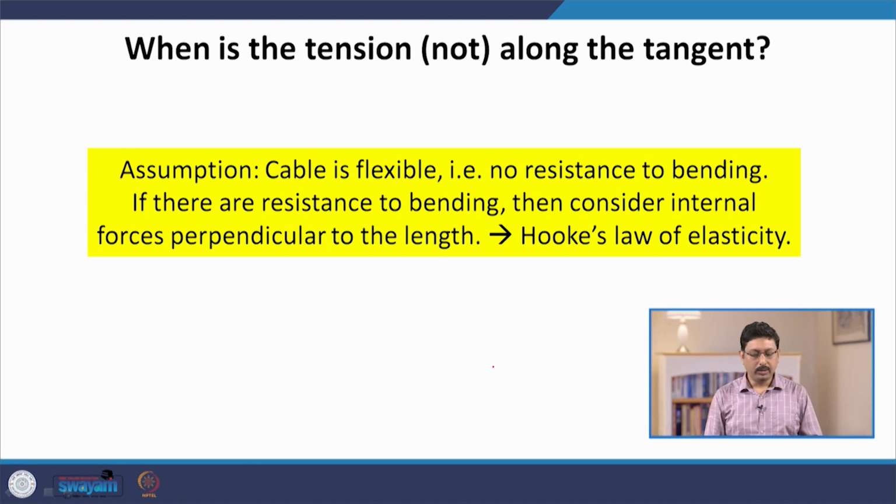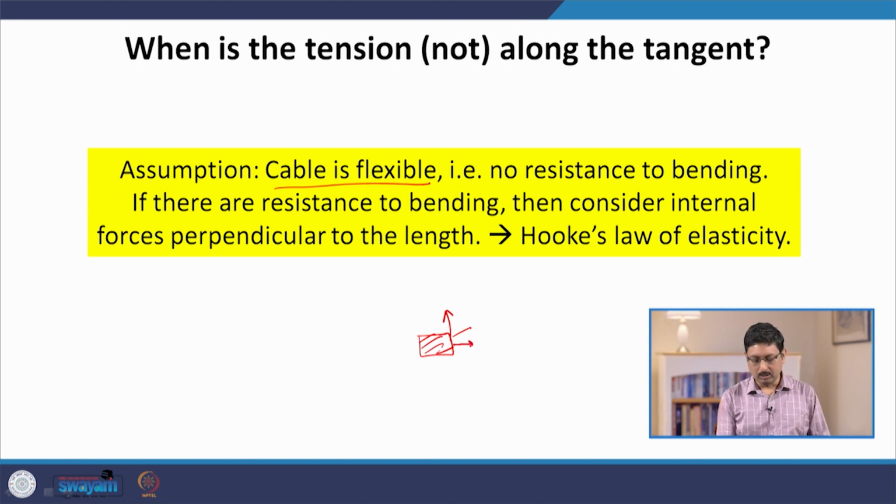I am going to assume that in this current example our rope or cable is perfectly flexible. If those extra internal forces were present, then the net force acting between our part of the rope and its surroundings could support a force in the direction perpendicular to the local tangent.